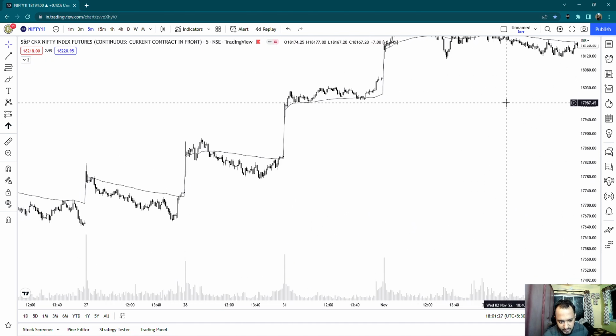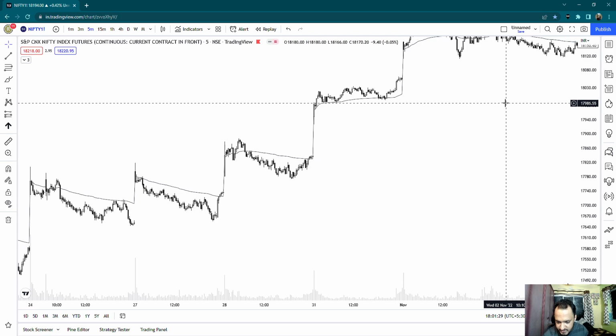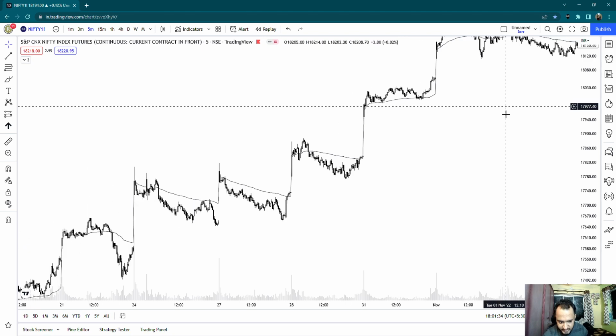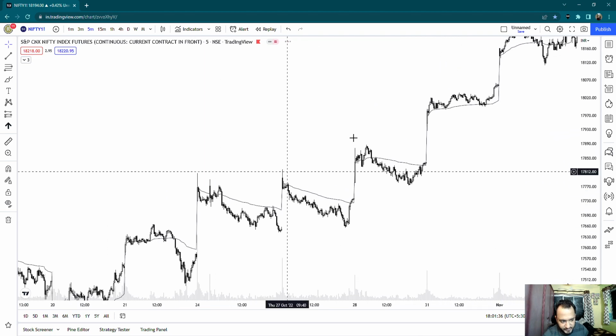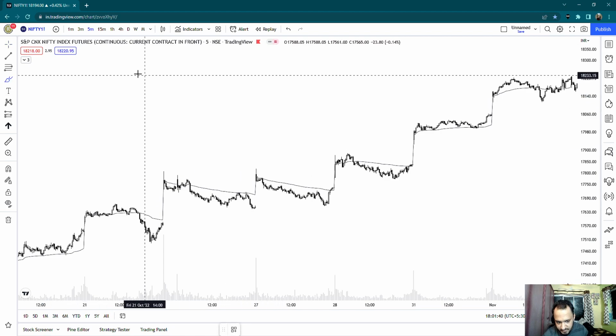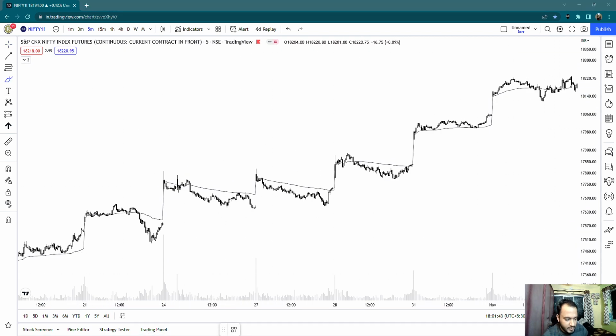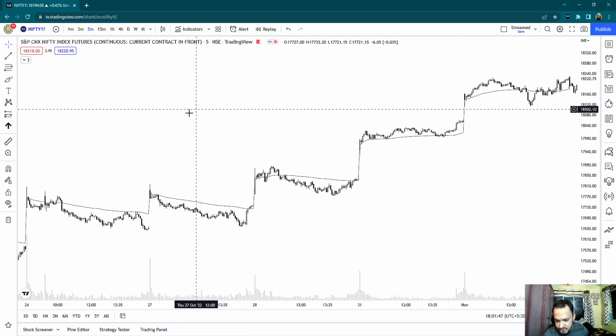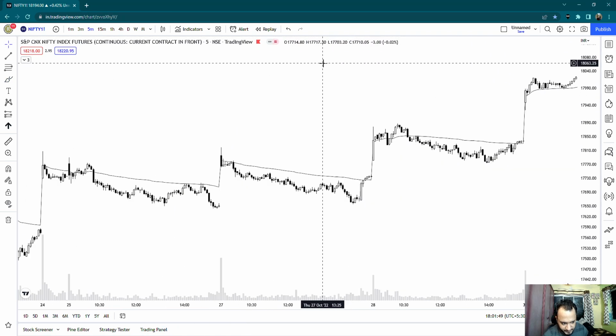What we are going to talk about today is how do we actually use this thing? How do we actually use any moving average to our advantage? Let's take a sample of this entire price action which we have on our screen.